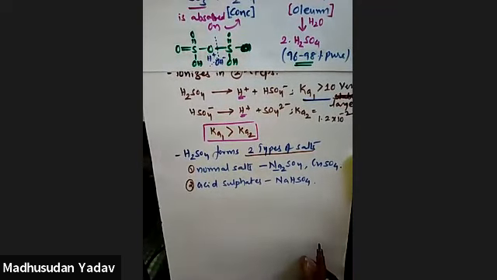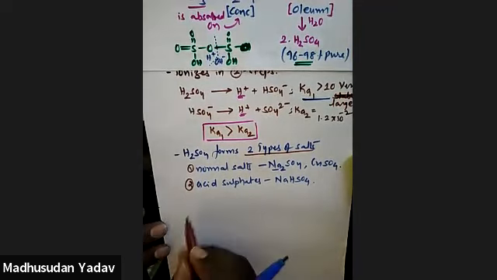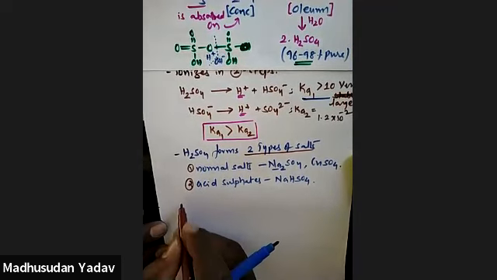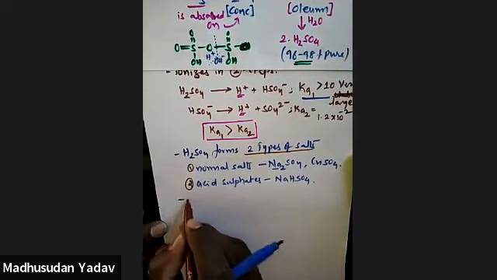Sulfuric acid is not highly volatile, it is less volatile only.